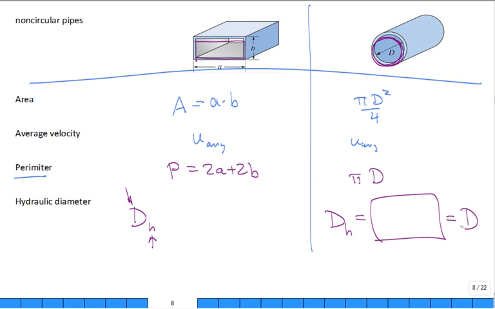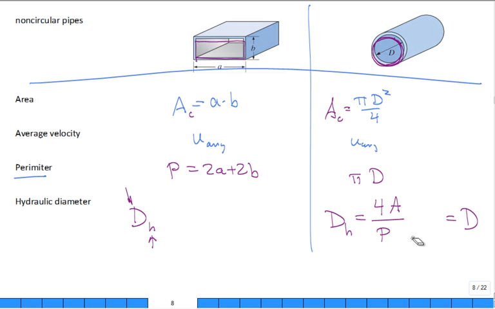So what is the equation for the hydraulic diameter? It's 4 times that cross-sectional area. Sometimes they put a C on it, maybe they put A_C here. Sometimes it's the cross-sectional flow area divided by the wetted perimeter. Sometimes they'll put a W here. Sometimes leave off all the subscripts.